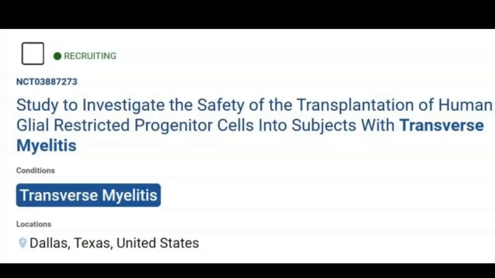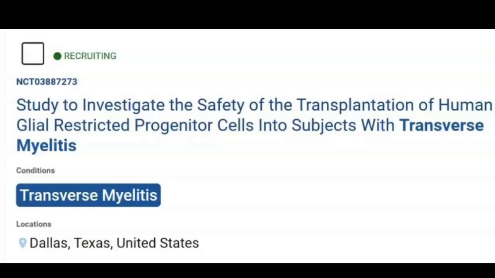And this, of course, would have implications for multiple sclerosis as well. I know that there are studies that are looking at these glial cells and the oligodendrocyte progenitor cells, so that we can begin to look at ways of reversing and perhaps even curing multiple sclerosis and transverse myelitis.